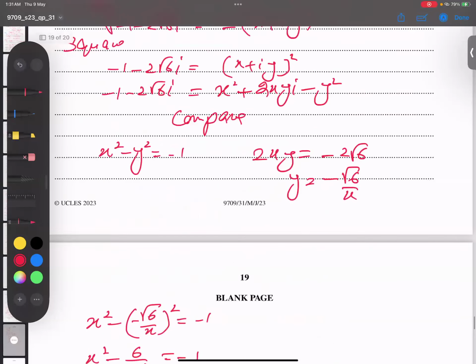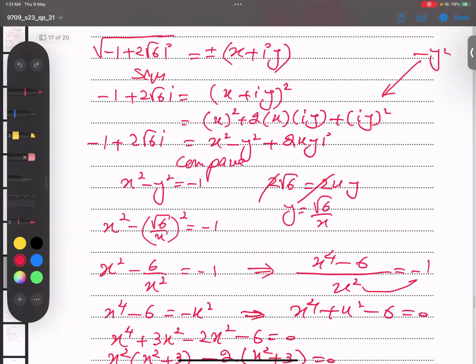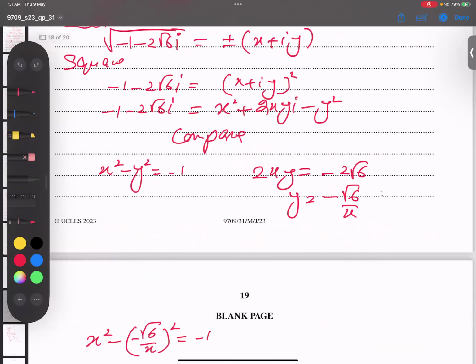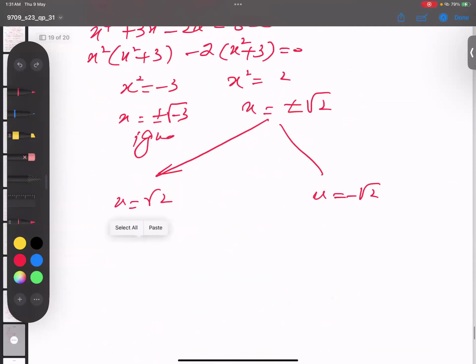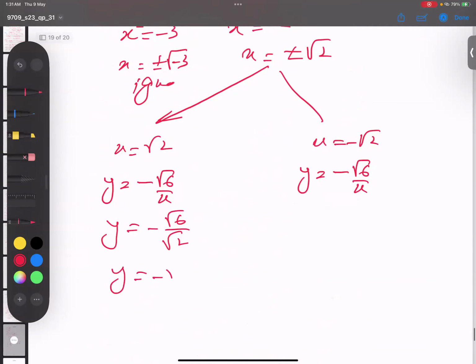Okay, but this time the equation is slightly different. In the previous line the equation was positive, but here you have one positive and one negative. So this equation, I copy paste here. When I plug it in here, students, negative root 6 over negative root 2, just cancel out, I get negative root 3. So it means this and that.